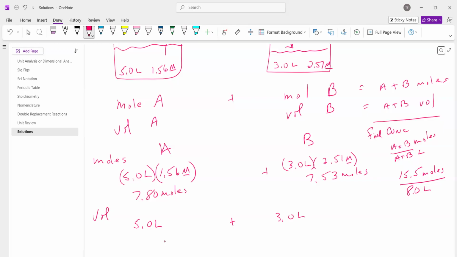Okay, now we got moles per liter. Okay, so our new combination is kind of halfway between the two, 1.5 and the 2.5, 194 moles per liter.